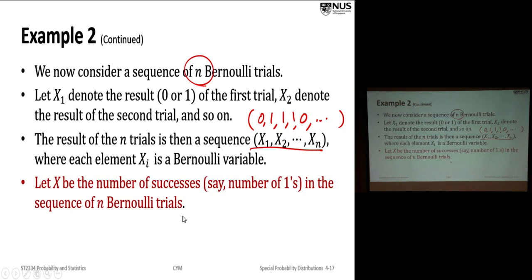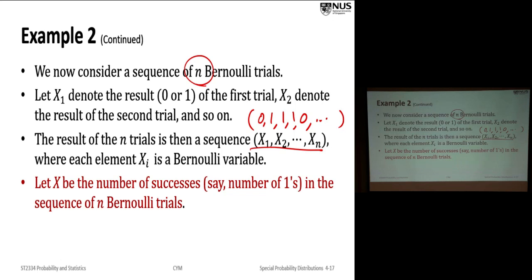Now I would like to ask: out of these five balls, what's the chance that I will have, let's say, 3 blue balls? In other words, I'm doing 5 trials, drawing balls 5 times. What's the chance that I get 3 blue balls, or 3 successes? So I would like to address this question.